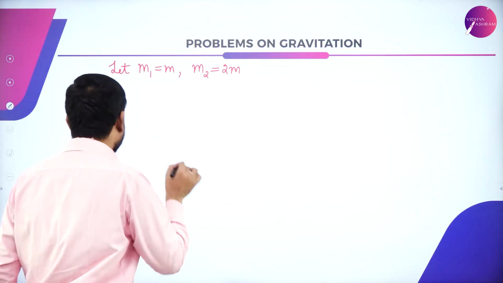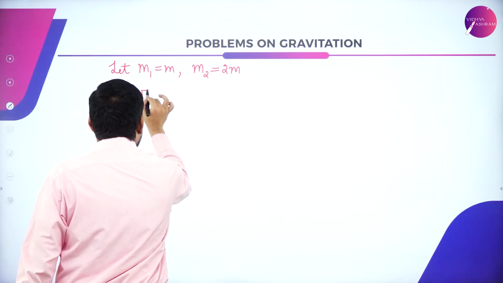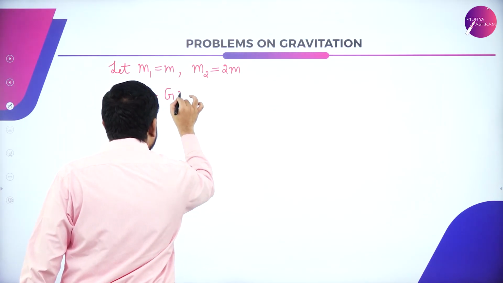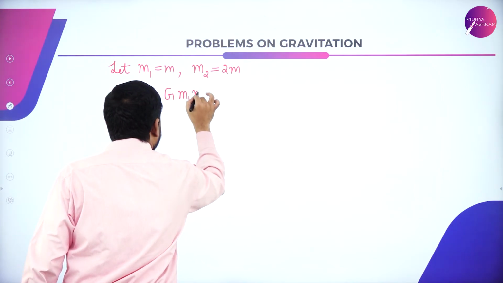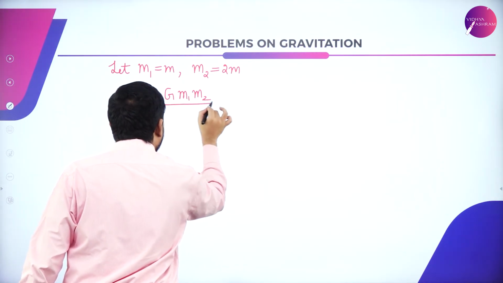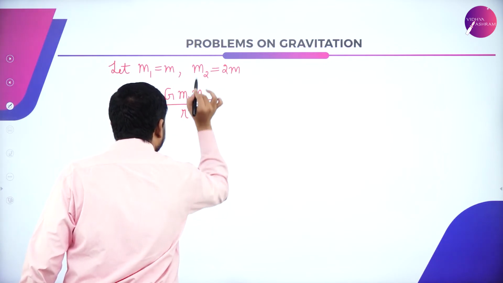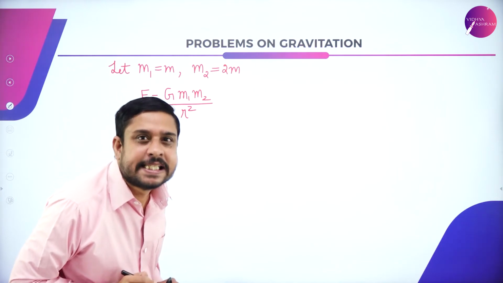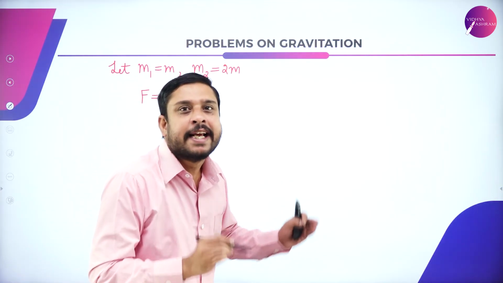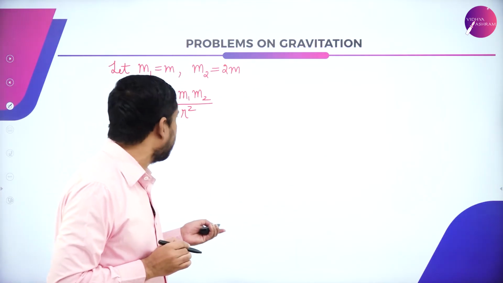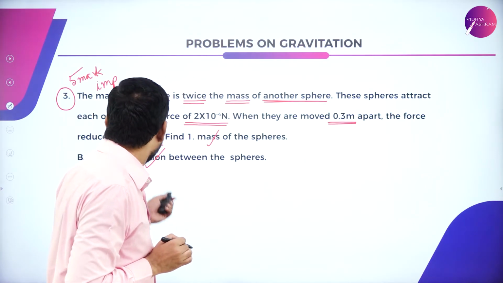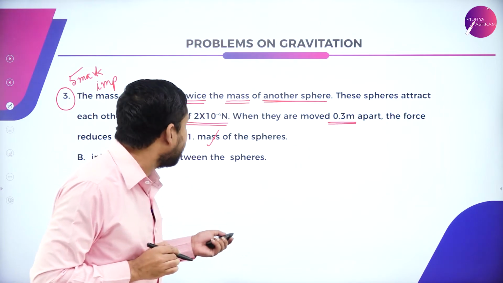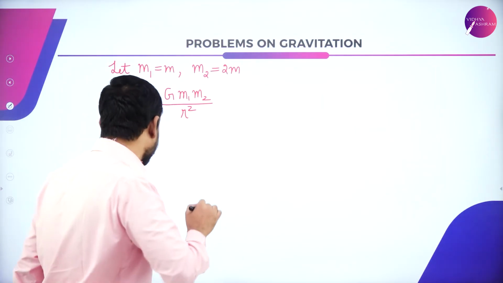So, we know F equals G M1 M2 by R square. So when they are separated by this distance R, where R is the distance between them, force is 2 into 10 power minus 4 Newton.